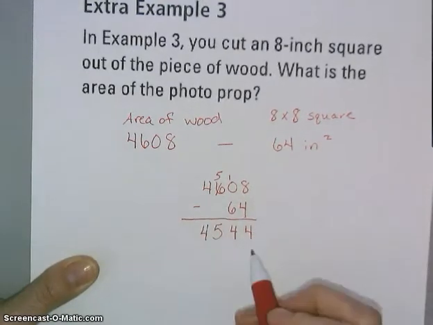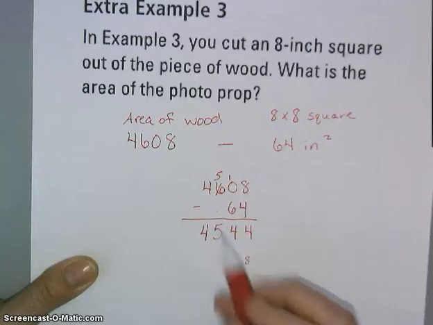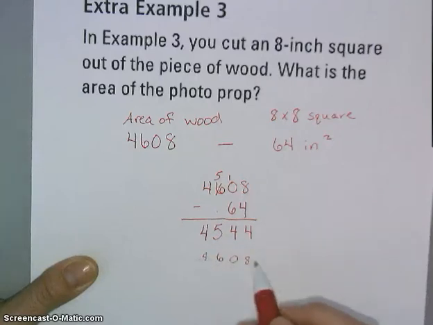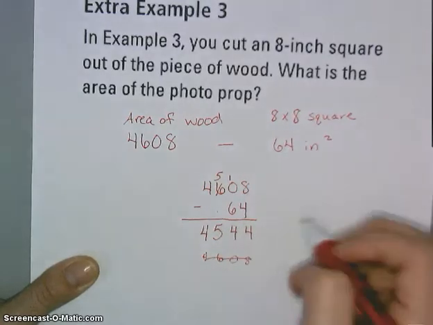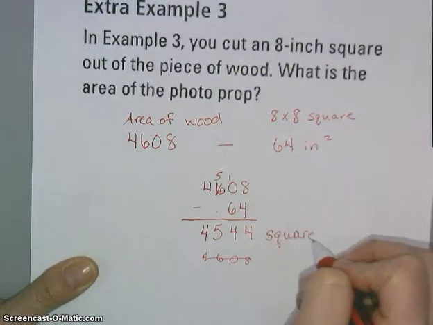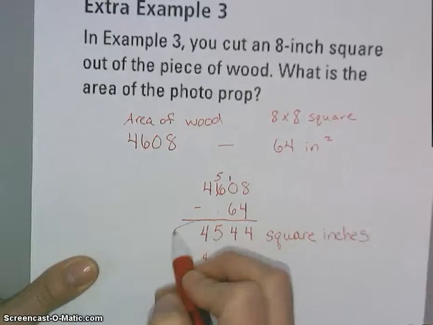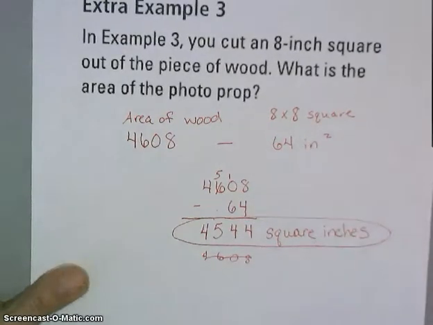Then go back and do a quick check. This would be 8. This would be 10, 6, and 4. I got back to where I started. So if I took out an 8 by 8 square from my plywood, I would have 4,544 square inches remaining.